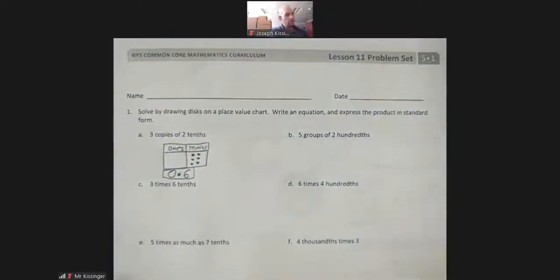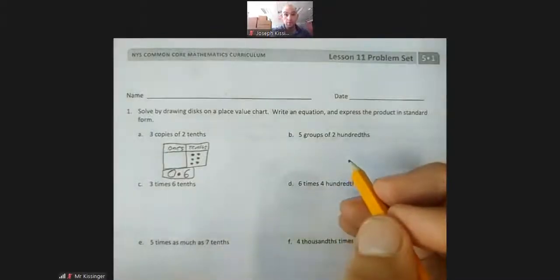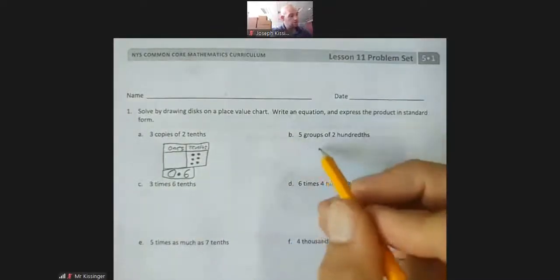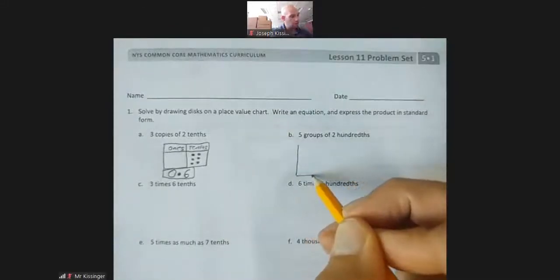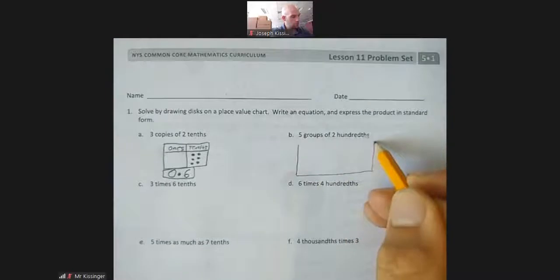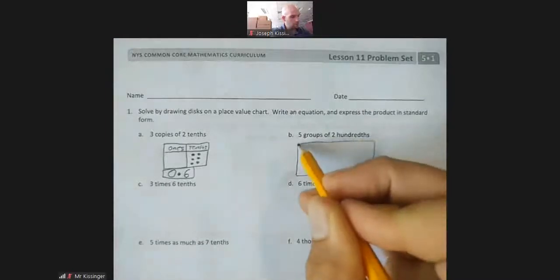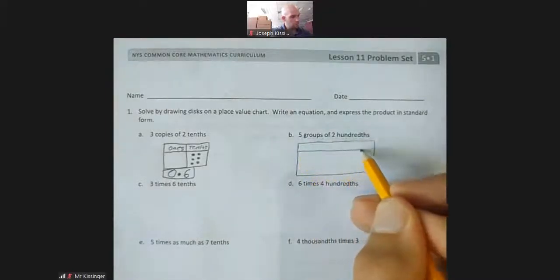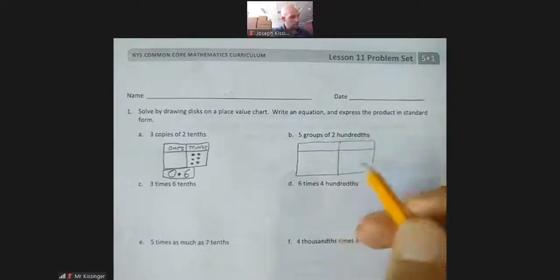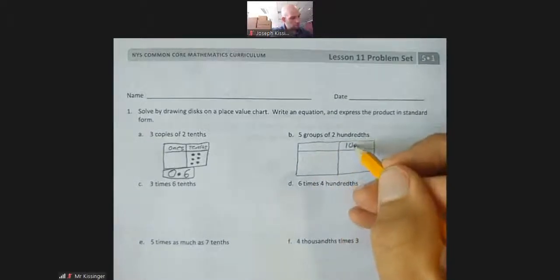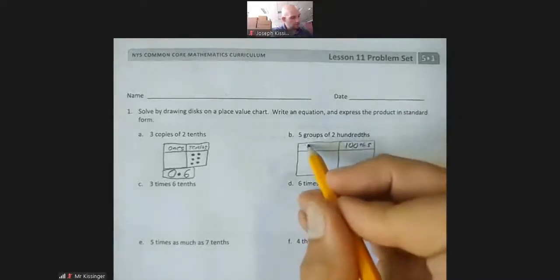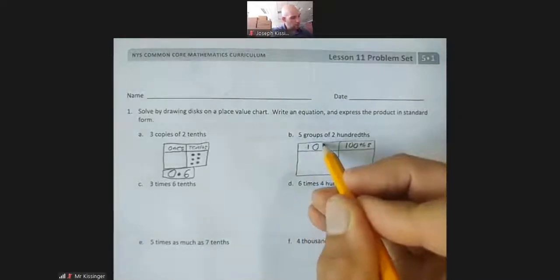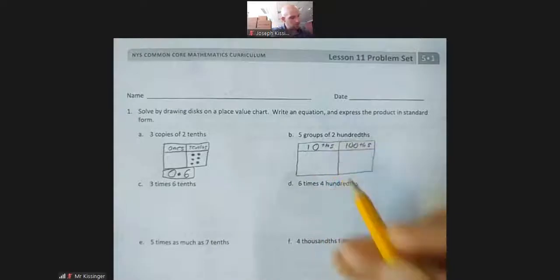So moving on to letter B, we have 5 groups of 2/100. So let's make ourselves a place value chart again here. Draw it a little bit bigger this time, give ourselves some room. I'm going to do hundredths, and then I'm going to do tenths as well, in case we have to cash in some of those hundredths.